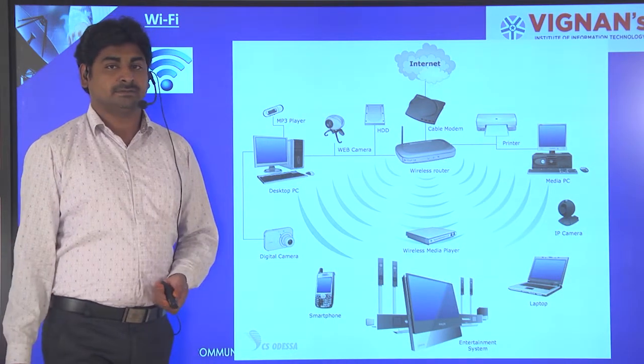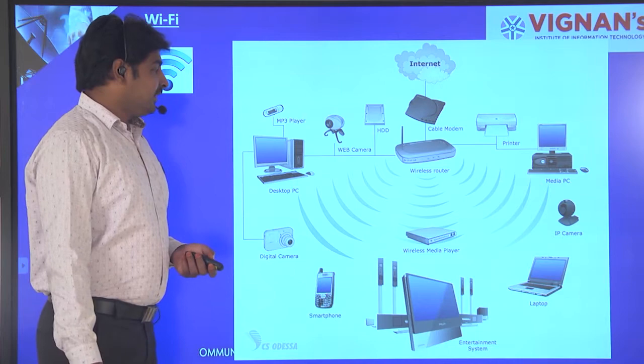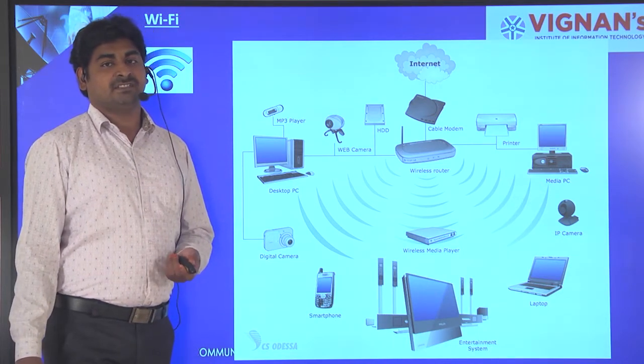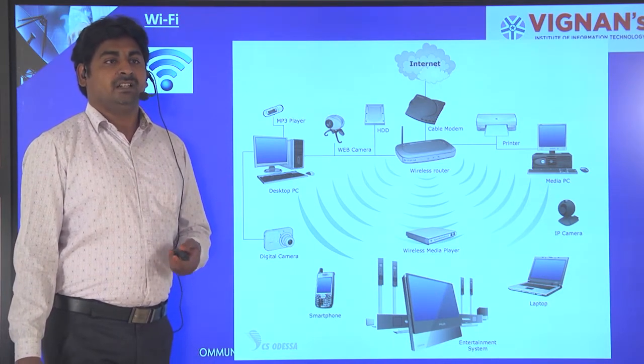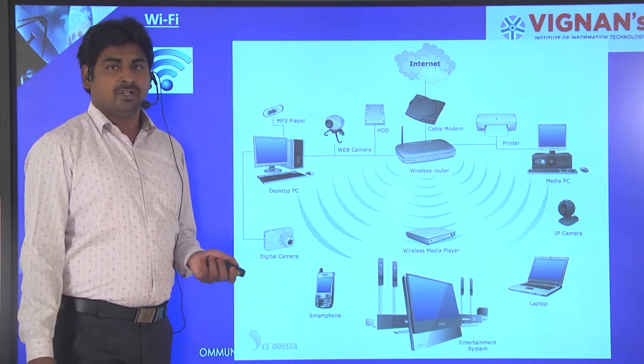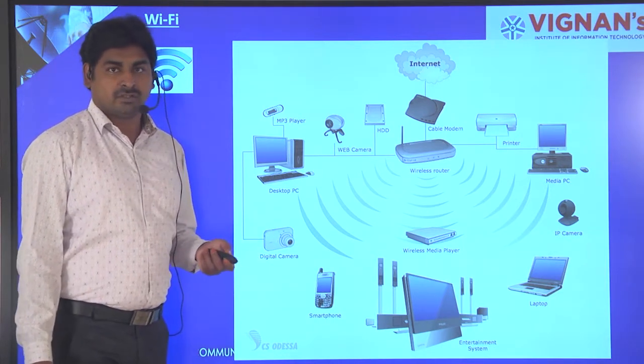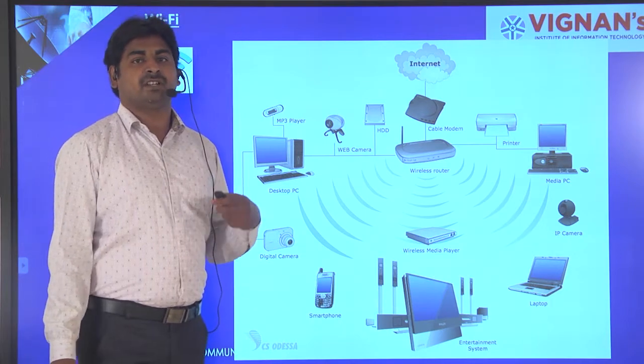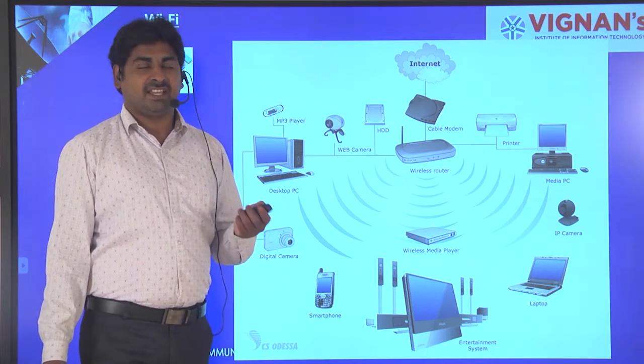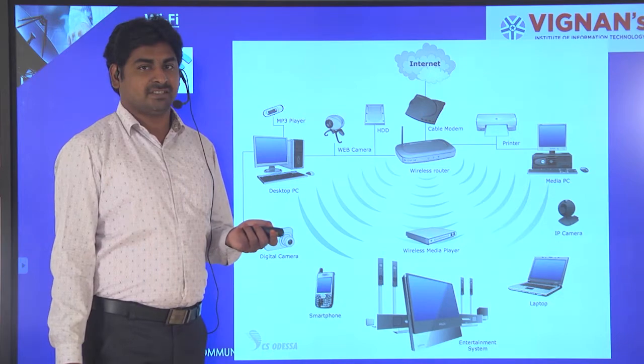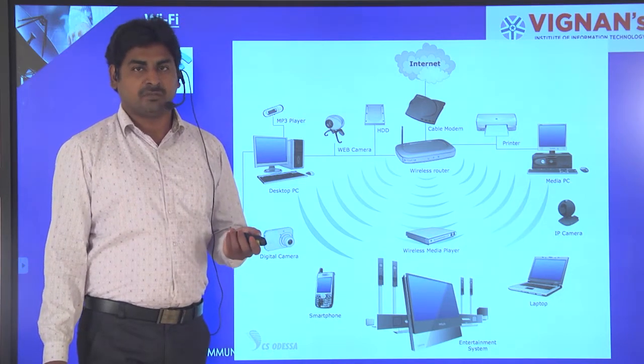Next, Wi-Fi. Nowadays you can see Wi-Fi devices in almost all homes, where home automation is done through Wi-Fi. You can control your TV, your lights, fans, and AC through Wi-Fi devices if your house is automated.